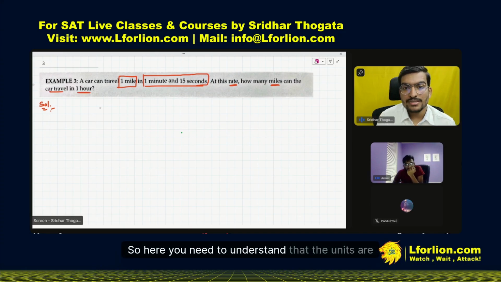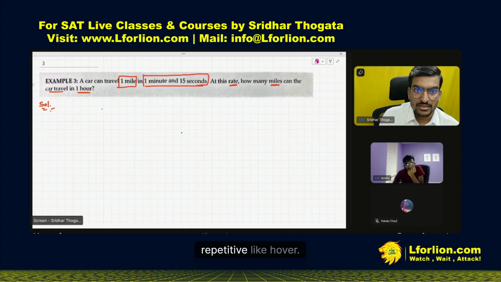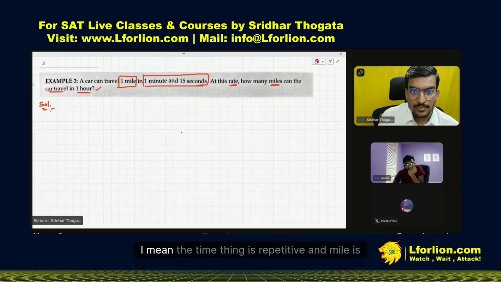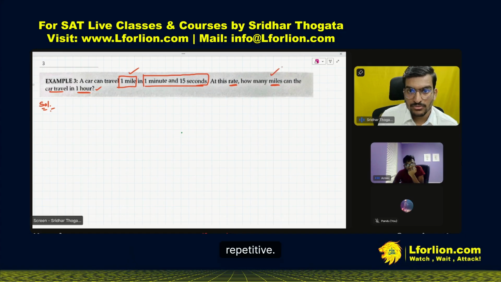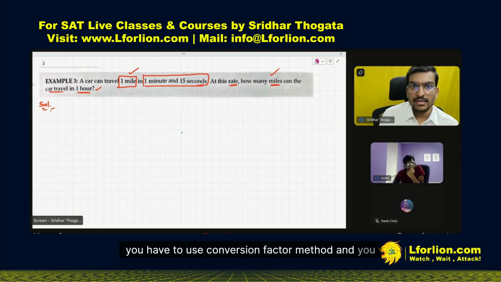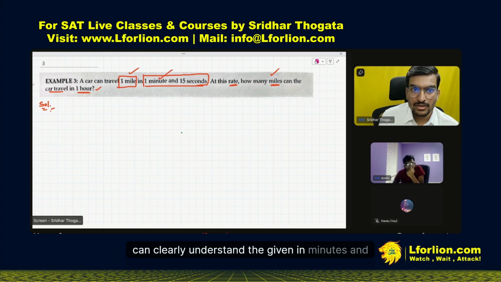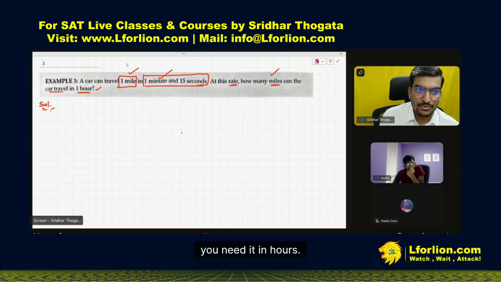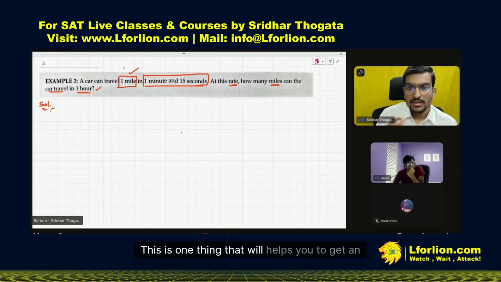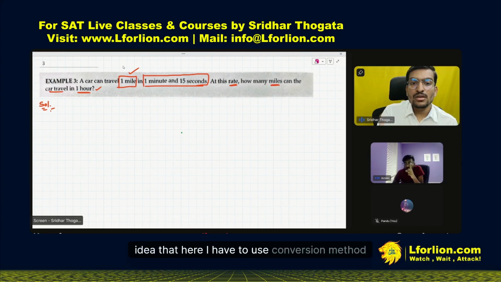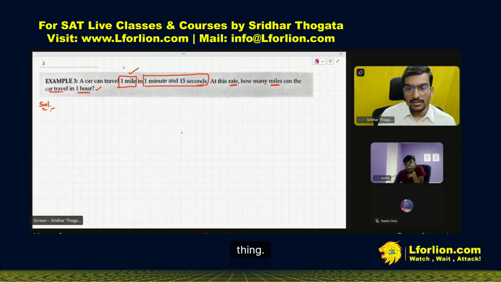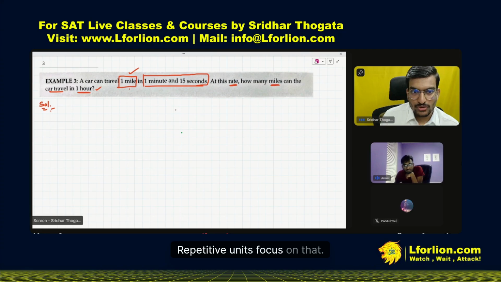Here you need to understand that the units are repetitive: the time is repetitive and miles is repetitive. So you can understand that you have to use the conversion factor method. They've given it in minutes and you need it in hours. This helps you get an idea that I have to use the conversion method. Repetitive units, focus on that.